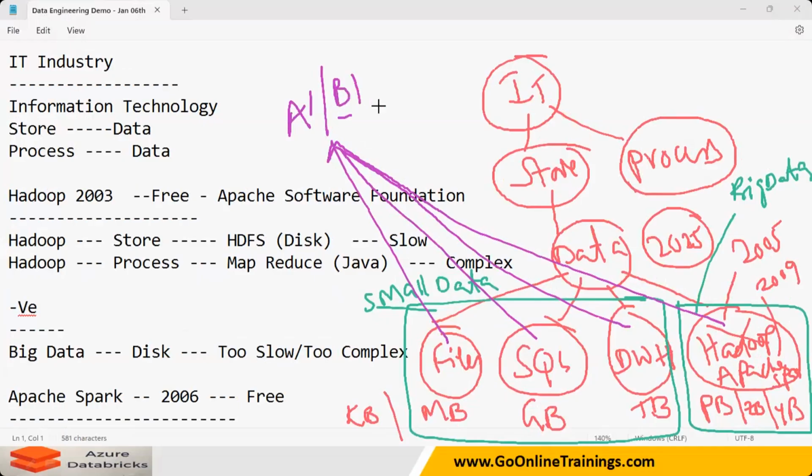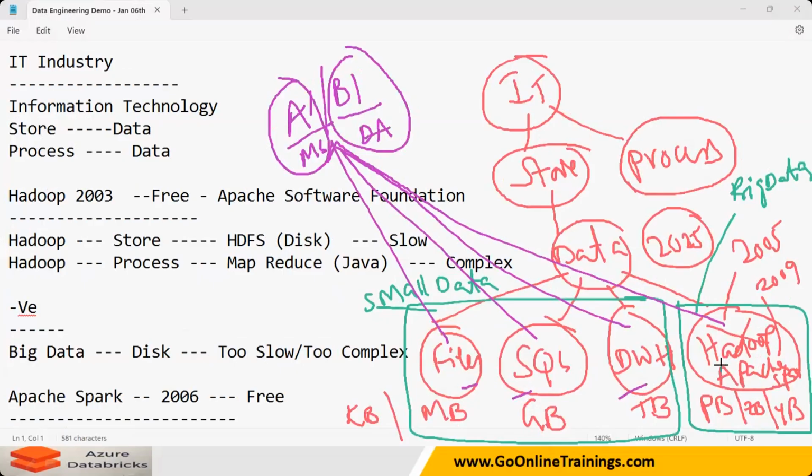BI is also called the data analytics team. AI is called the machine learning team. Clear? So two teams are going to be working with your data. Data may be in files, in SQL or RDBMS, in data warehousing, or in Hadoop, though Hadoop is gone today.